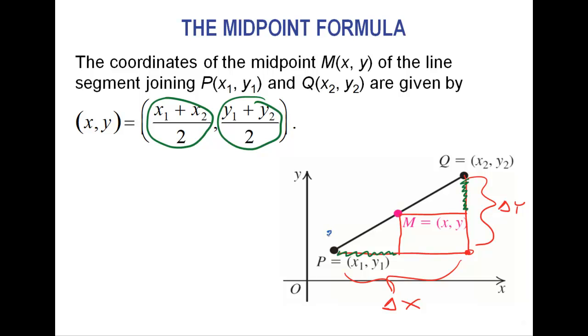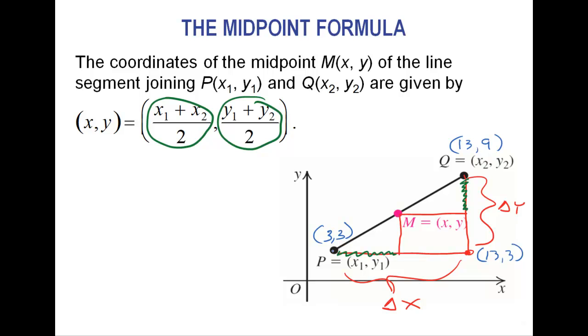Let's call this 3, comma 3. So it's over 3 up 3. And this is going to be, how about 13, comma 3. And so this one's going to be 13, comma, how about 9. So what's our delta x, right? What's the distance between this point and this point?